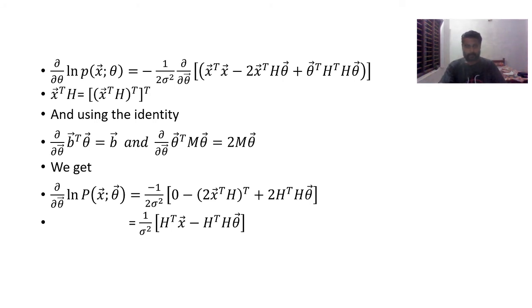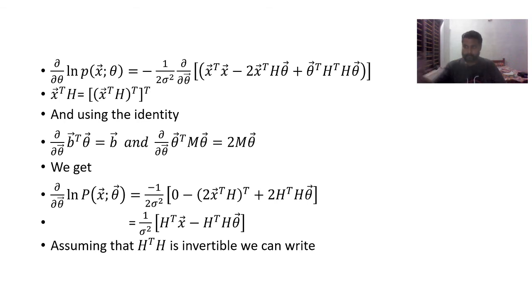So I will just assume h transpose h is an invertible matrix. Assume h transpose h is invertible, so we can write dou by dou theta of ln of p of x of theta. I will take h transpose h outside the bracket.